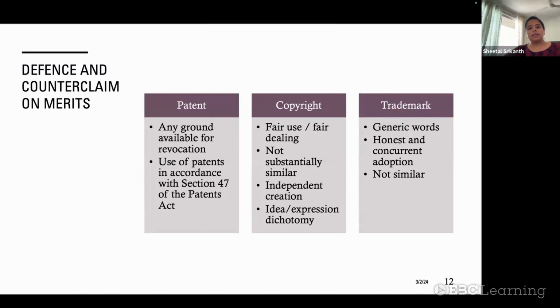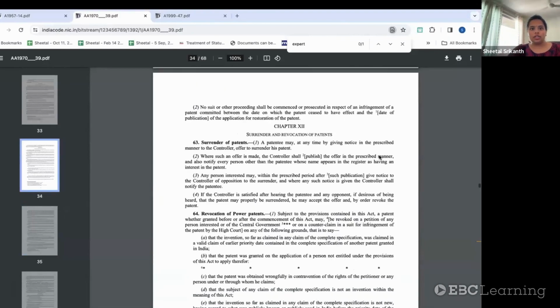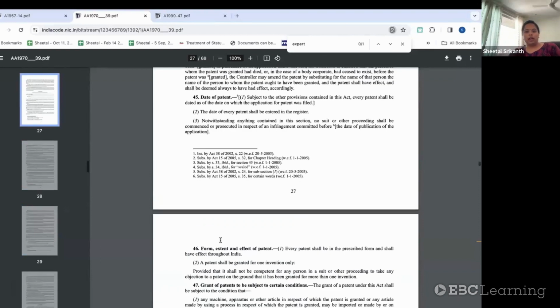Other than that, there are some conditions that can be imposed under section 47. If the patent is not being used as per the conditions laid down in section 47, it also becomes a ground for revocation.